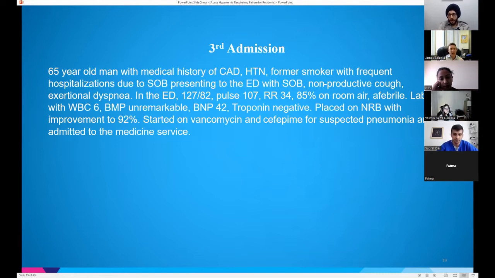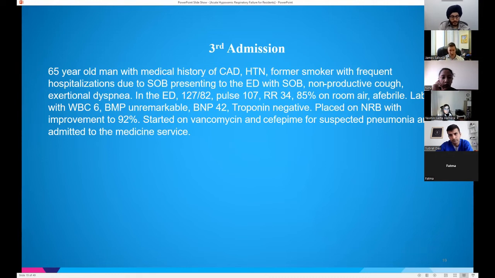Good. So third admission, 65-year-old man, medical history of CAD, hypertension, former smoker with frequent hospitalizations due to shortness of breath, coming to the ED again with shortness of breath, this non-productive dry cough, this exertional dyspnea. He's normotensive, tachypneic, hypoxemic, afebrile.